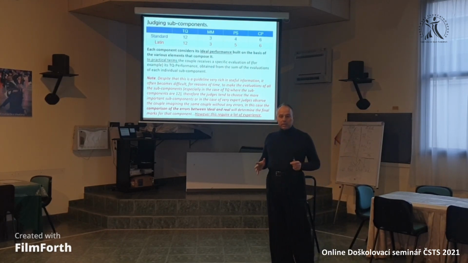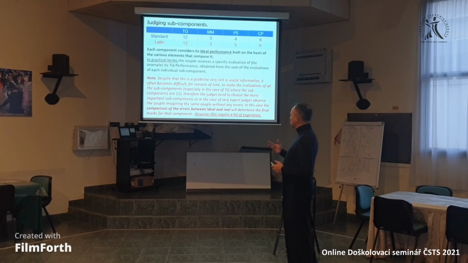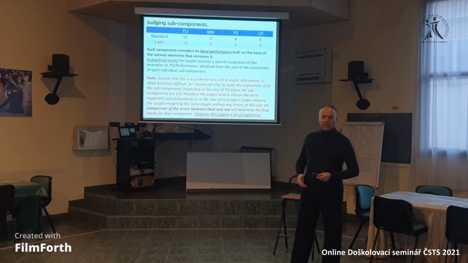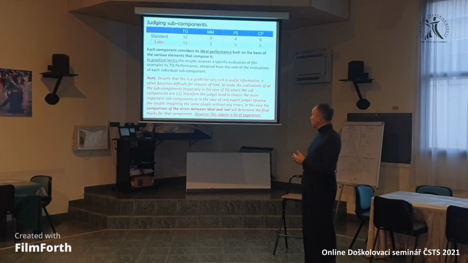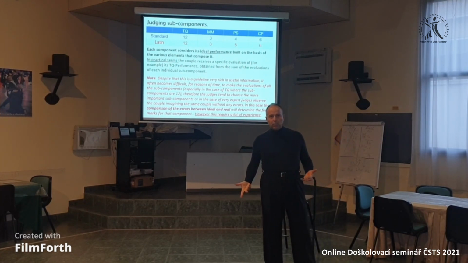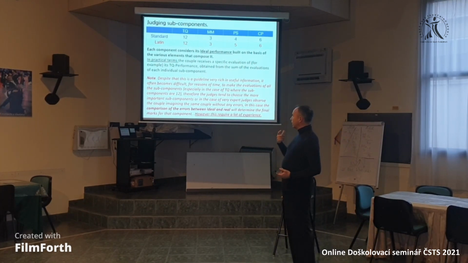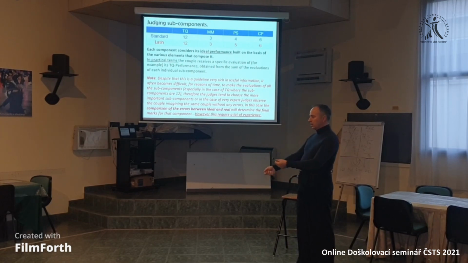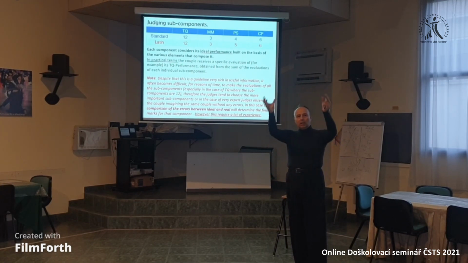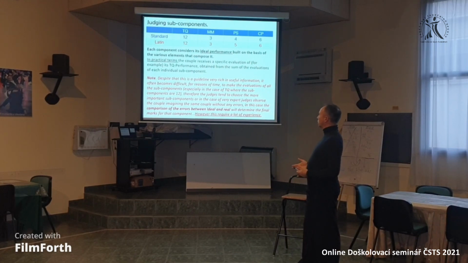I have to be honest, despite the fact that it's a very good guideline, rich of information, this idea of the subcomponents very often becomes extremely difficult, for a question of time, of course, to make an evaluation of the subcomponents, then sum together, and then find out the final mark. It's extremely complicated.